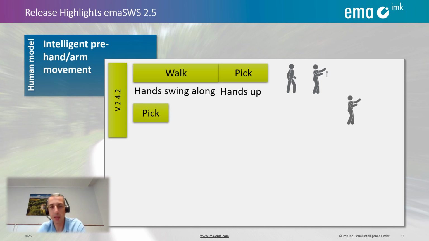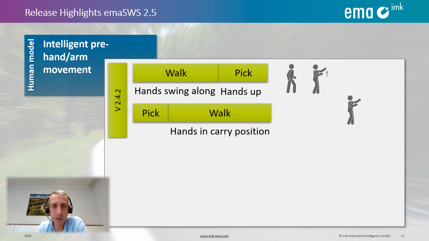It could be in another sequence: when you first walk, when you first pick something, then walk with a carry position, the hands are up, and then when you place something, the hands go down. This is not 100% how it is in real life.